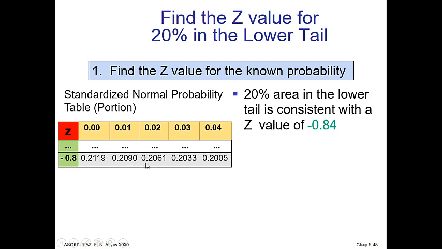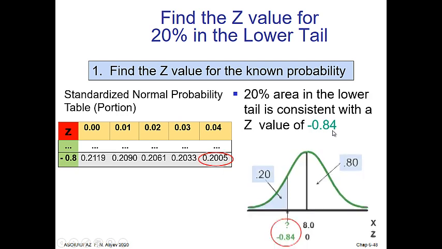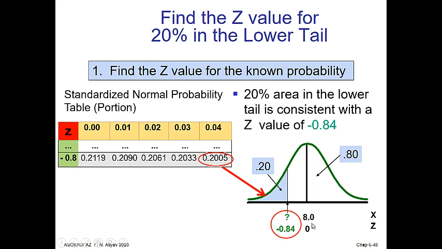This is the part of the table. Here, among the numbers, you can easily find that it's 0.2005. So the z value corresponding to this area is negative 0.84. So we found the z value from which the left side area equals 0.2000.